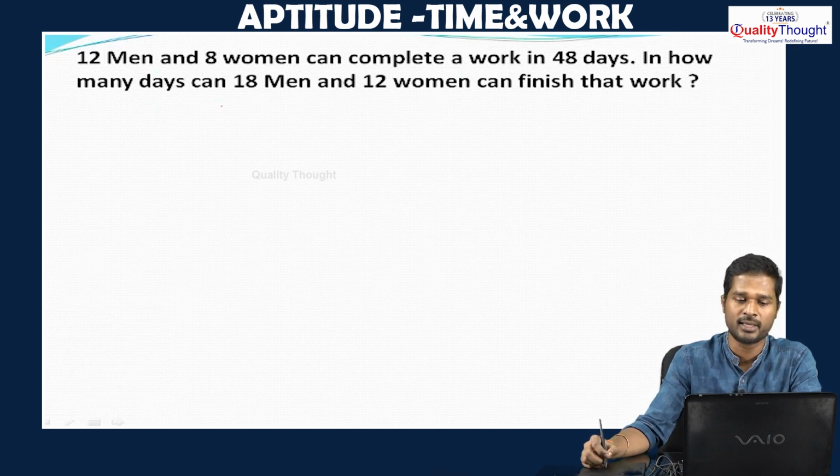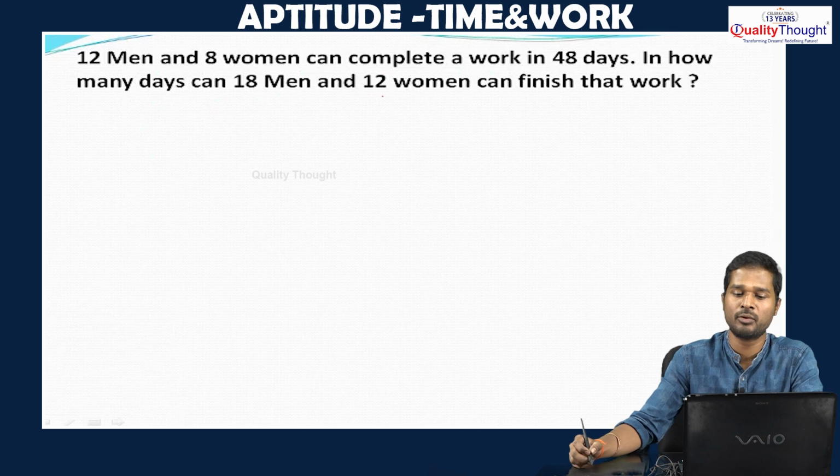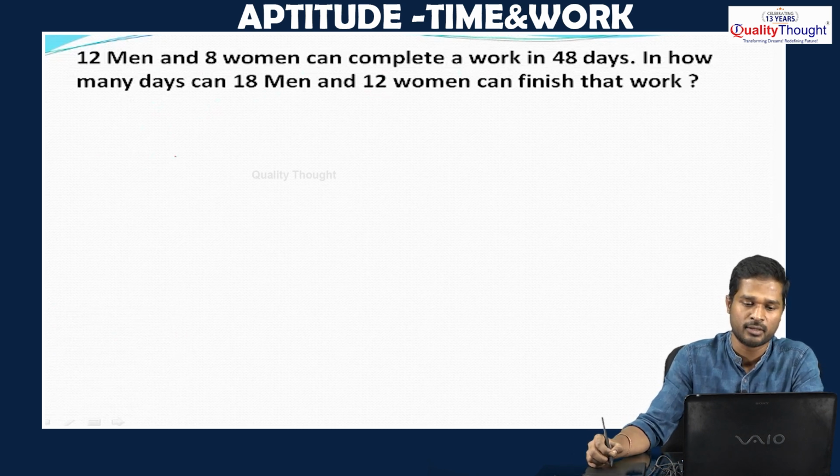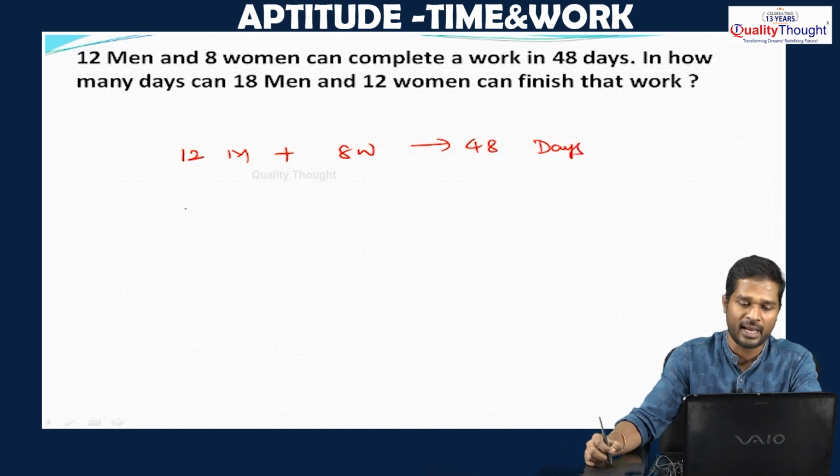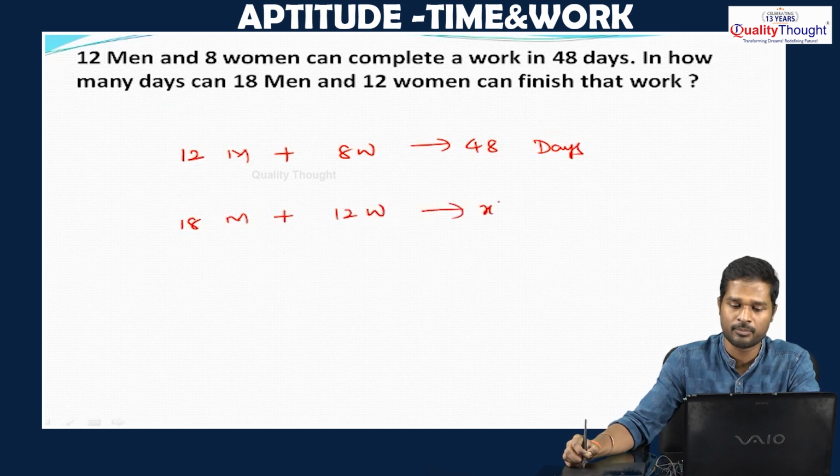In how many days can 18 men and 12 women finish that work? Here given 12 men plus 8 women can complete the work in 48 days. In how many days can 18 men plus 12 women complete the same work?